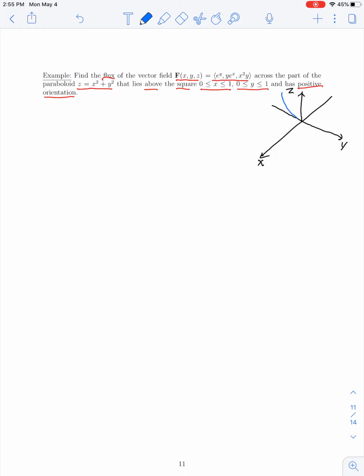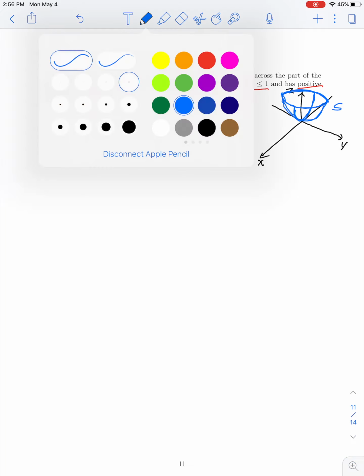So that is a circular paraboloid whose vertex is at the origin and is opening upward. Its cross sections with any horizontal plane parallel to the xy plane is a circle. And cross sections with planes parallel to the xz or yz planes give us parabolas. So we have a surface S that looks like this, and it's given the positive orientation.